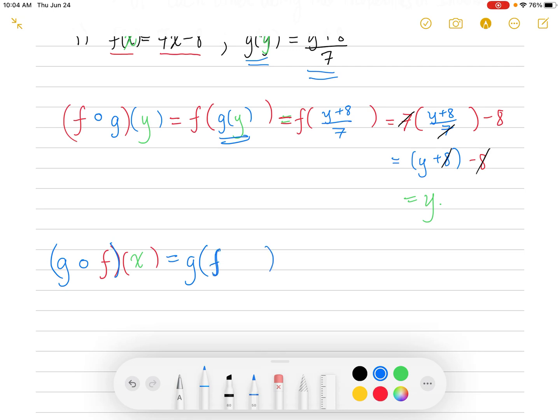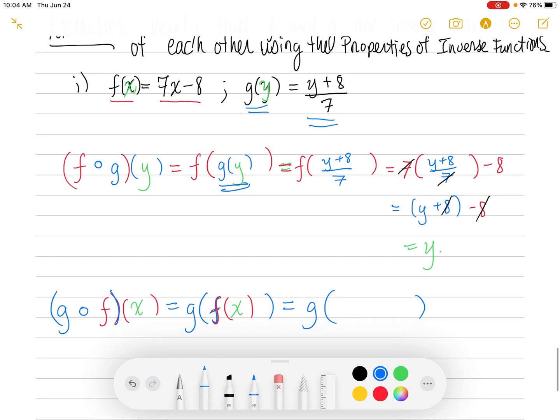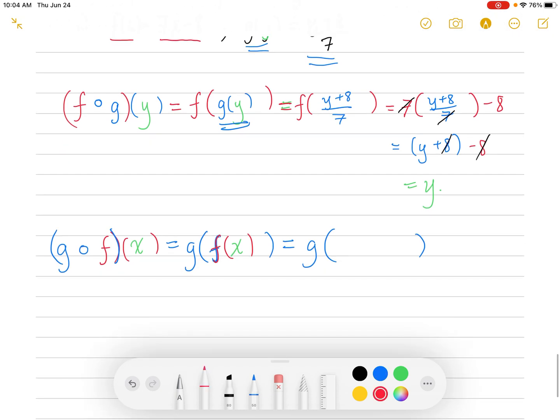If I write this out carefully, I'm going to start first on the left with g, and then inside of that I'm going to put f of x.